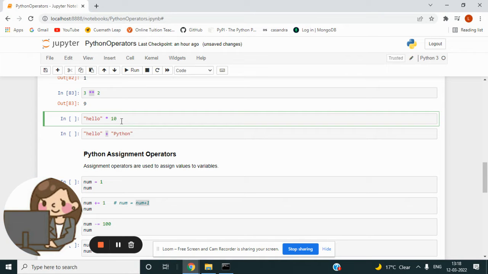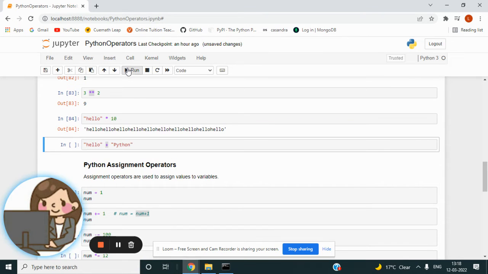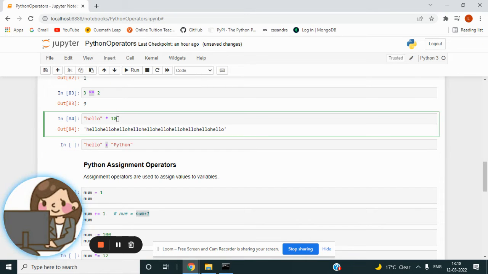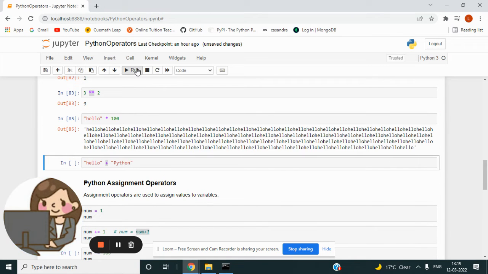When I use this multiplication operator with a string, it becomes a repetition operator. It repeats the string 10 times, since I have given 10 here. If I give 100, it repeats the string 100 times. So it acts as a repetition operator when I use it with a string.